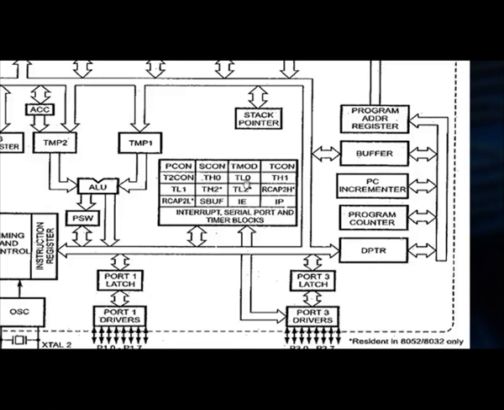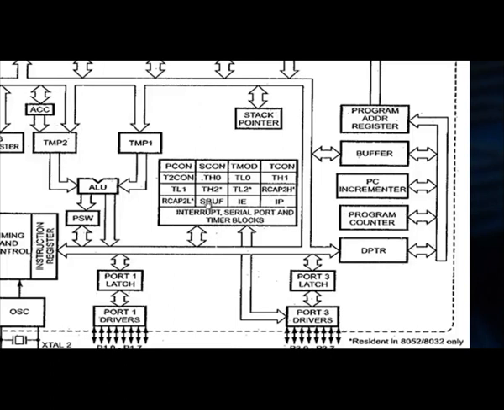T0 is divided as lower and higher, TL0 and TH0. T1 is split as TL1 and TH1. So, based on your counter value, you can initialize either 8-bit or 16-bit values. This is for T2, okay. These are not in the 8051, it is a future one.